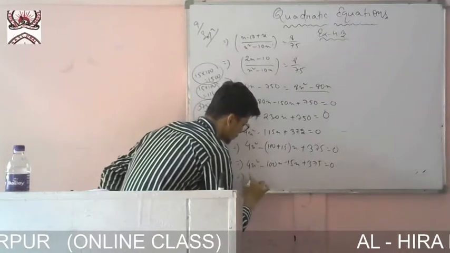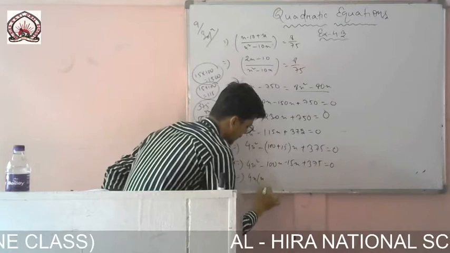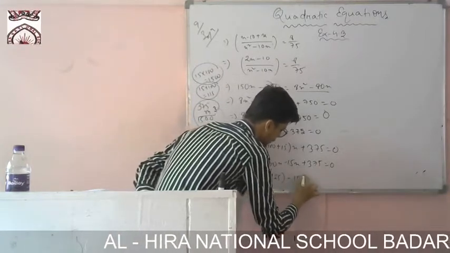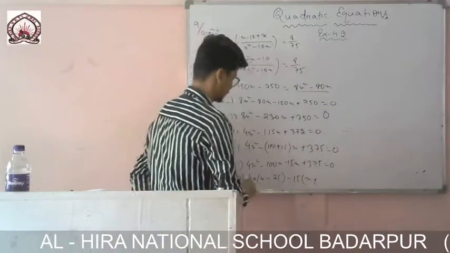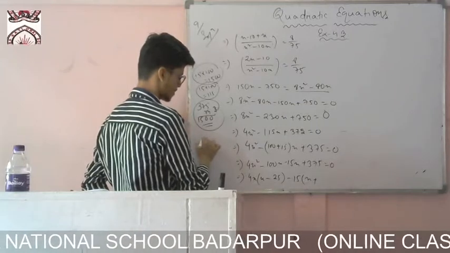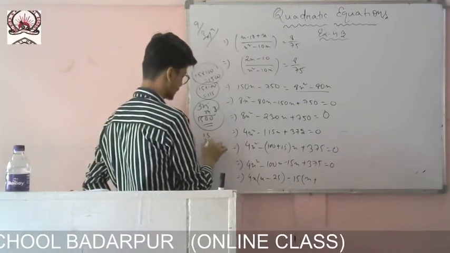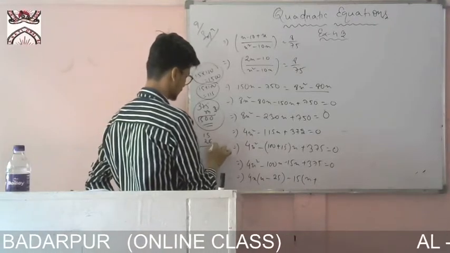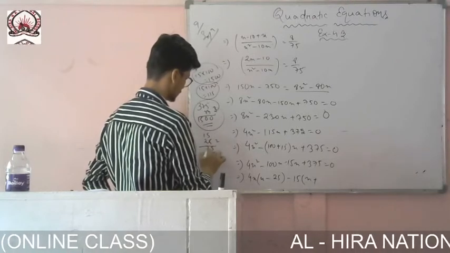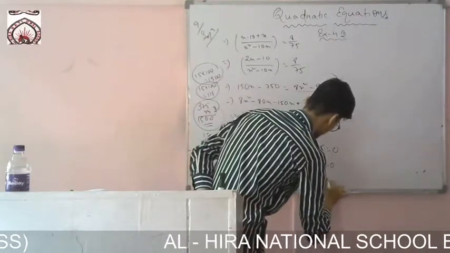So here 4x will be common. So there are left 4, there are left x, and there 4 25s are 100. There 15 will be common, x will be there, and 15 into 25, I think, yes, so 15 25, it will match also.